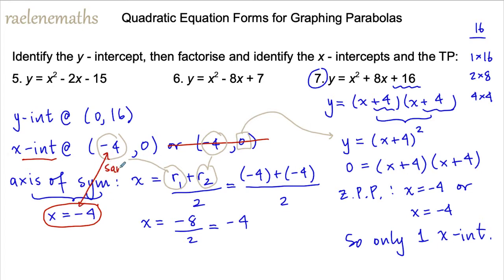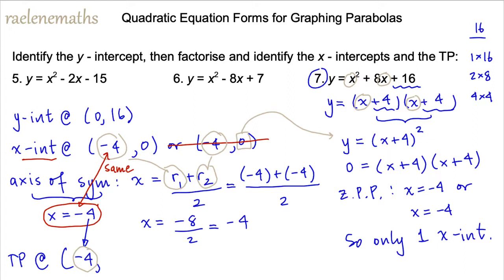Now to work out the turning point, we know the x-coordinate will be the same as the axis of symmetry number, and then we take that x-coordinate of negative 4 and substitute it either into the factored form for the quadratic equation, or we could substitute it into the expanded form. However, we notice that when x is equal to negative 4, we already have a corresponding y value, namely y is equal to 0 from the x-intercept.